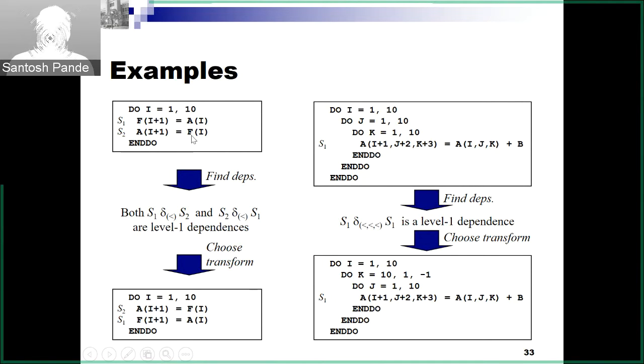And similarly, it's also the same case in terms of the dependence for A of I.